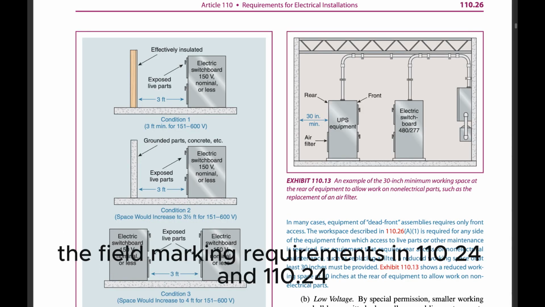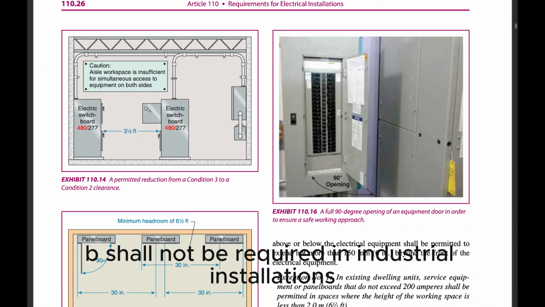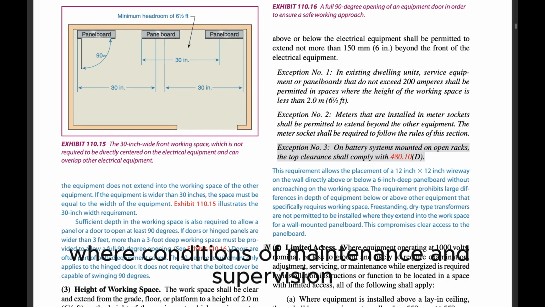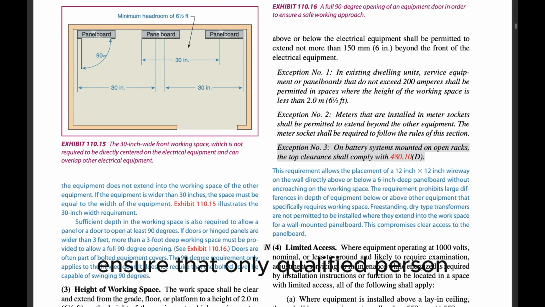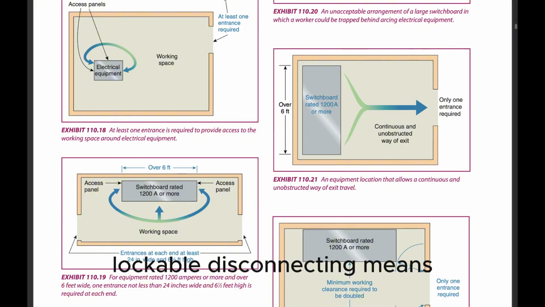Exception: the field marking requirements in 110.24(A) and 110.24(B) shall not be required in industrial installations where conditions of maintenance and supervision ensure that only qualified persons service the equipment. 110.25 Lockable disconnecting means.